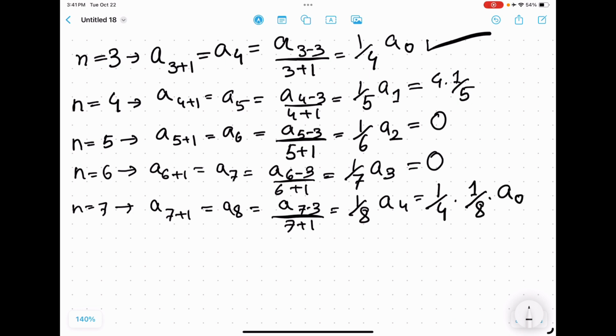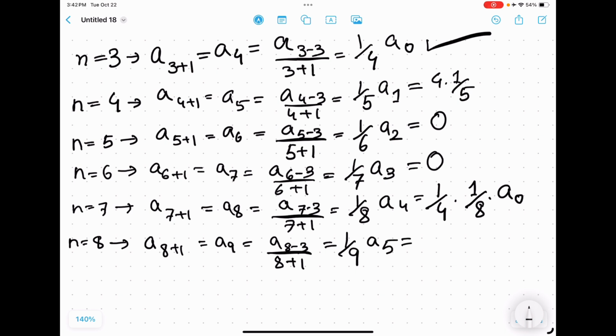Okay. Then let's do n equals 8. So I have a sub 8 plus 1, which is a sub 9, equals a sub 8 minus 3 by 8 plus 1, which is 1 by 9, a sub 5. And if I look, my a sub 5 is 4 times 1 by 5. So I can write 4 times 1 by 5 times 1 by 9.